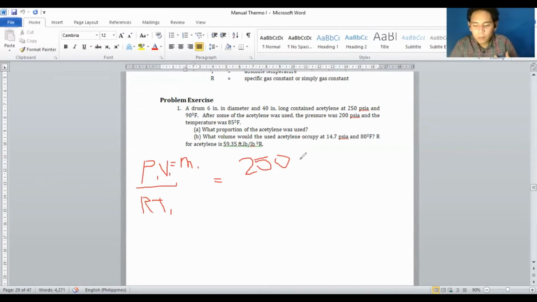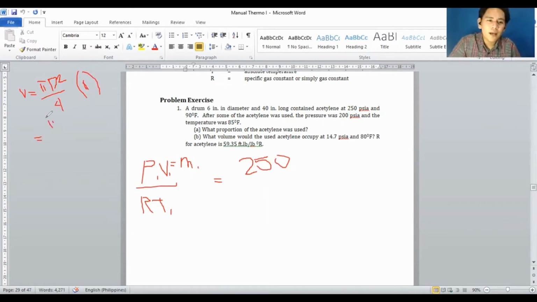So therefore, to be able to compute for your volume, we have to use the equation for the volume of the drum, which is pi d squared over 4, which is your area, times your height, which is your length. Okay, height or length, anything.